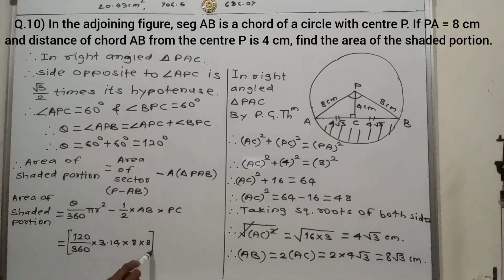This is area of sector minus 1 upon 2 into 8. What is AB? 8 square root of 3 into height 4.